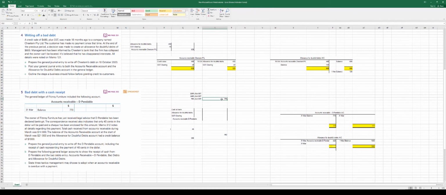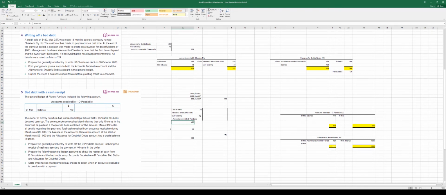So 40% of 770 would be $308. All right. So what else do we have left? 770 minus 308, what do we have? 462. Now 462 including GST.